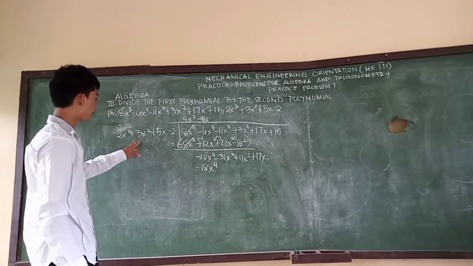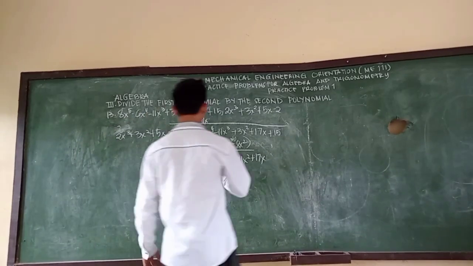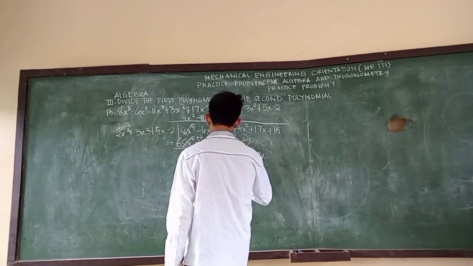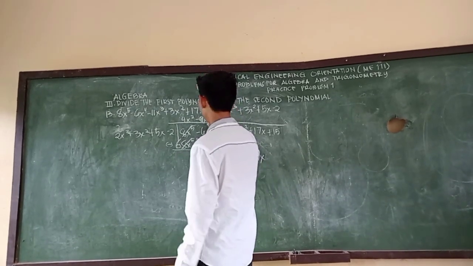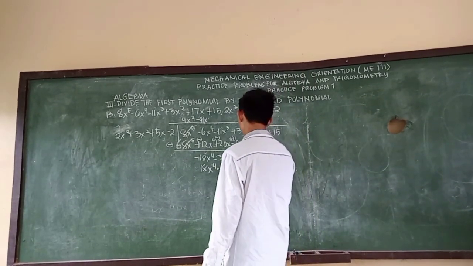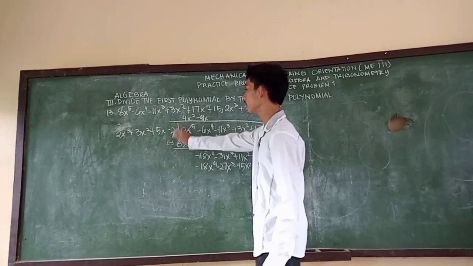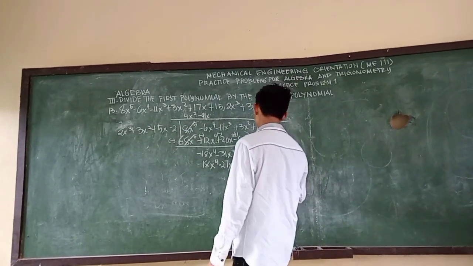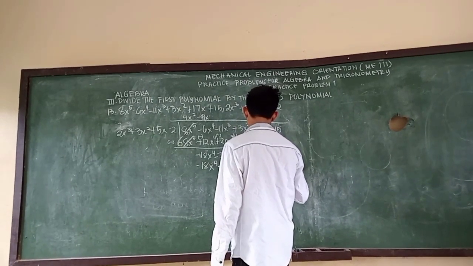Negative 9x times 3x squared is negative 27x cubed, and then negative 9x times 5x is negative 45x squared. Negative 9x times negative 2 is positive 18x.